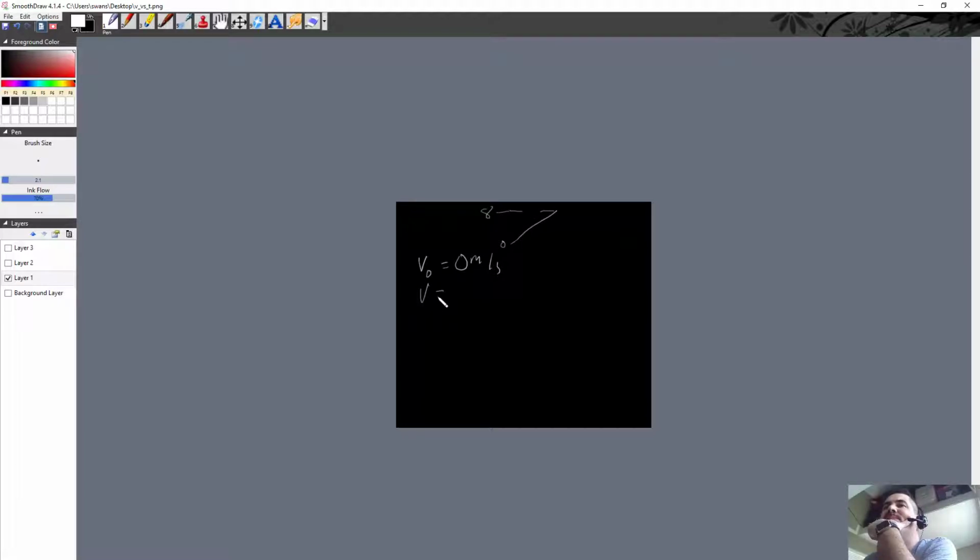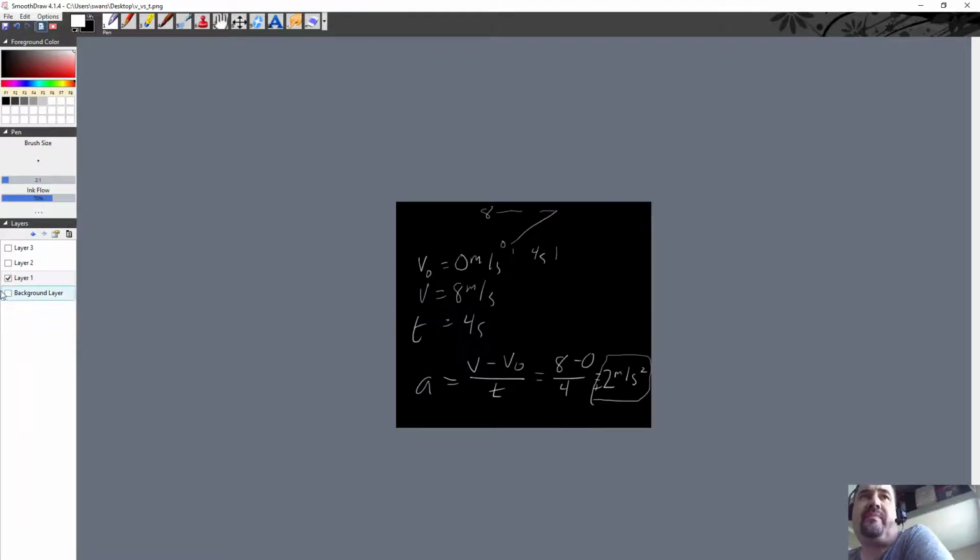So the final speed was 8 meters per second. And the time from here to here was 4 seconds, right? The definition of acceleration is simply the final speed minus the initial speed divided by the change in time. So pretty much it's 8 minus 0 divided by 4, which is going to give you 2 meters per second squared. And of course that's a positive 2 meters per second squared because it was gaining speed during that time.